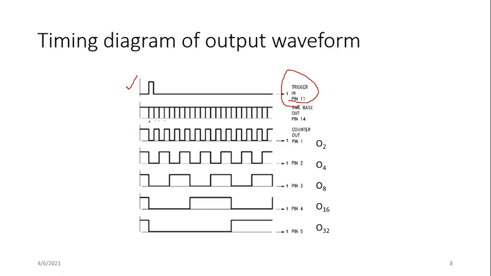And then repetitively, sorry, this is O0, then this is O2, then this is O4, then this is O8, next is O16, and then it continues up to O128. Like that, the outputs will be generated whenever you give the trigger signal.